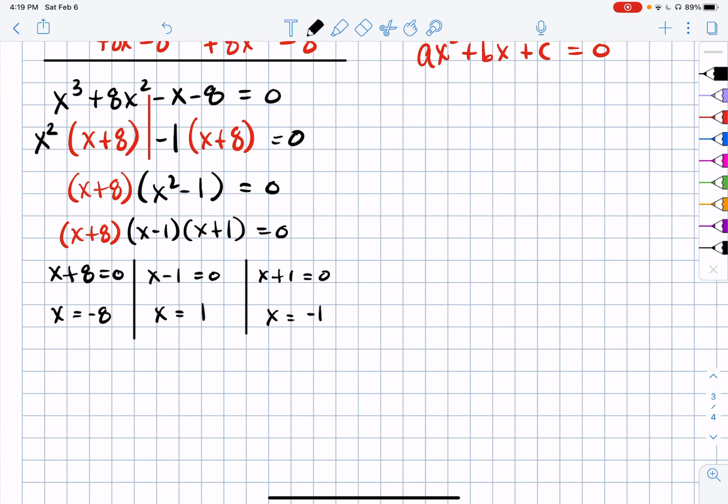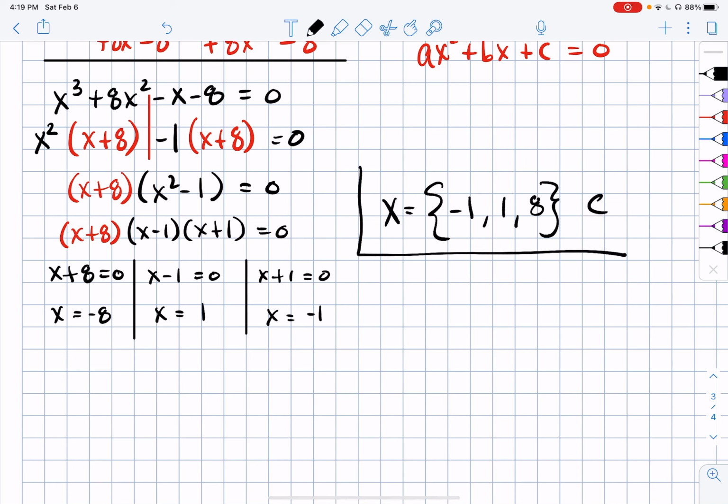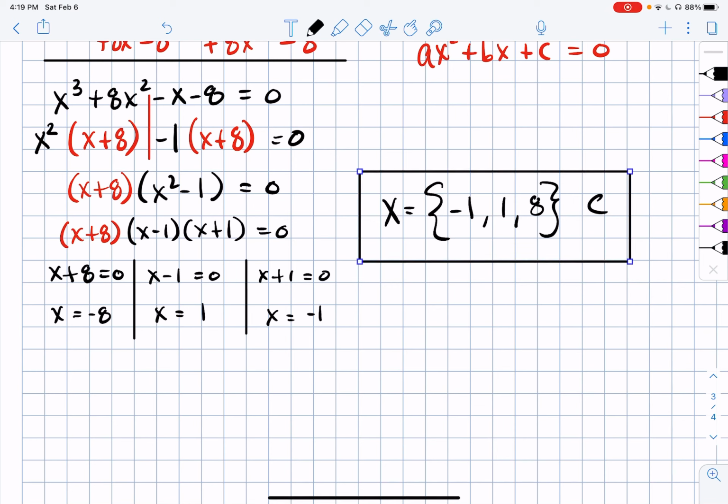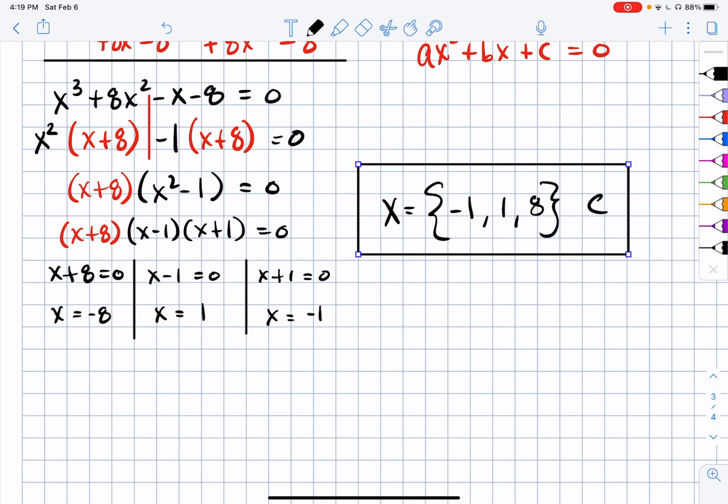And the way I would write that is x is equal to negative 1, 1, and negative 8. And that should be choice C. Right, so that's number 9.